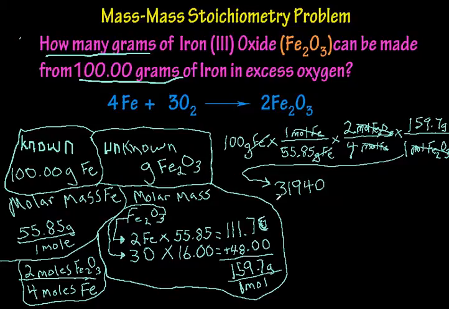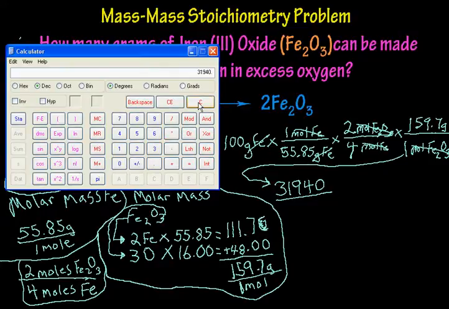Now I need to find the new denominator. Same thing, calculator. Okay, so pull the calculator out, multiply everything in the denominator. There was a 1 here because anything that doesn't have a denominator is 1. Times 55.85. Okay, times 4. Times 1 again.